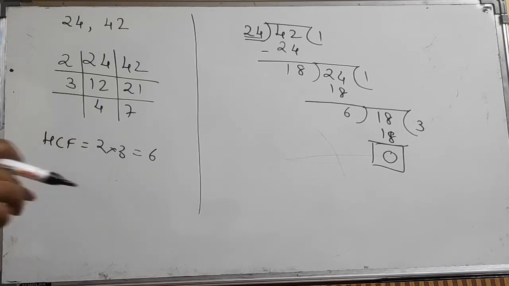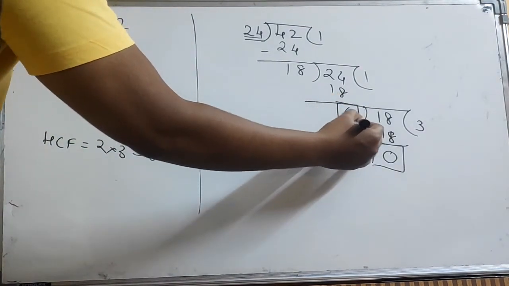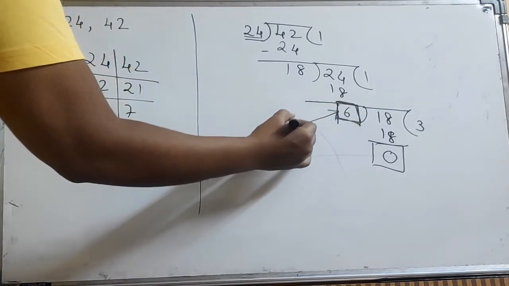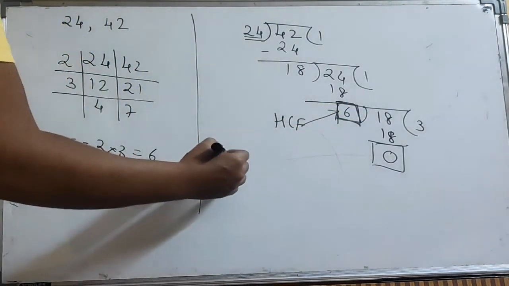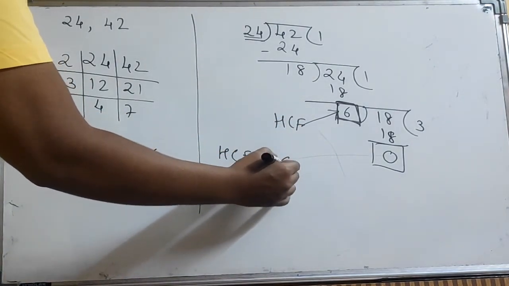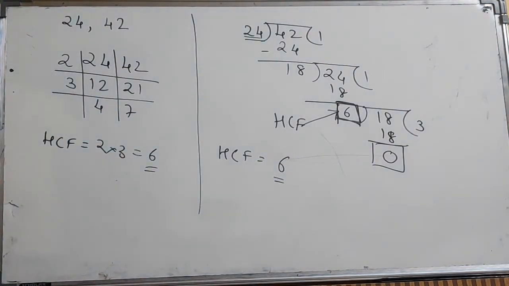Now you are going to check the last divisor. What is the last divisor? 6. This last divisor 6 is your HCF. So your HCF of 24 and 42 is 6.